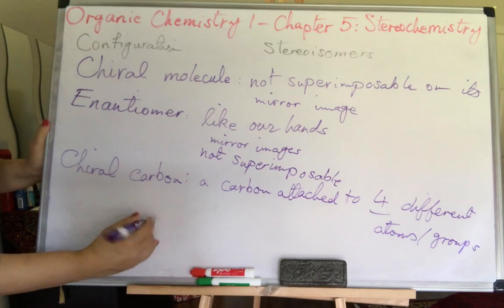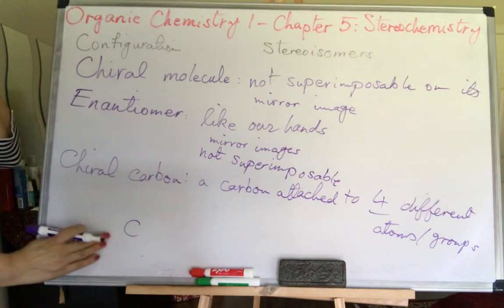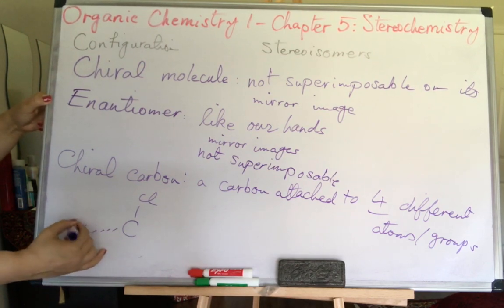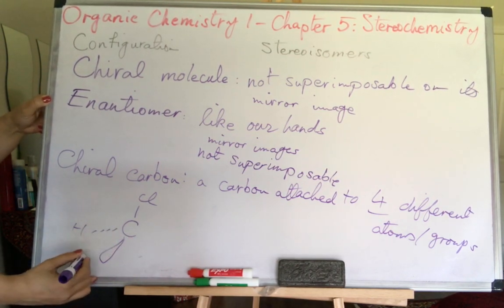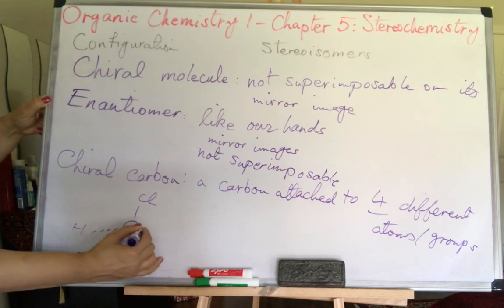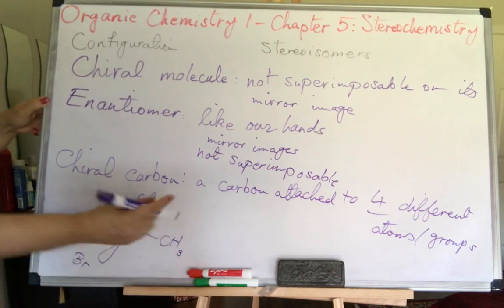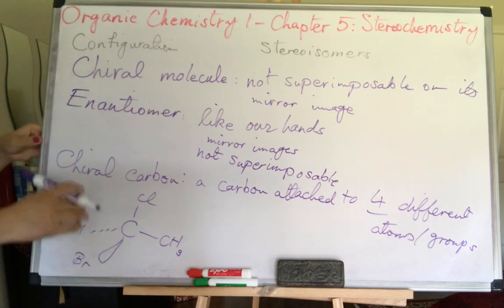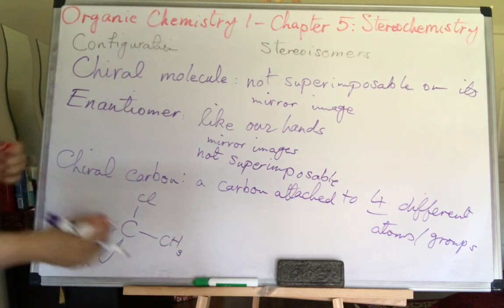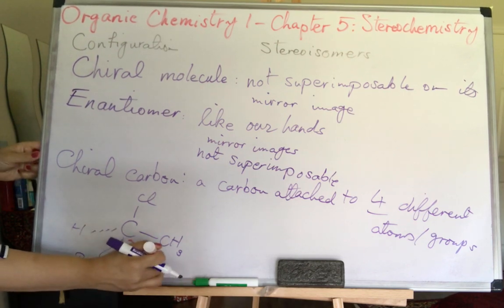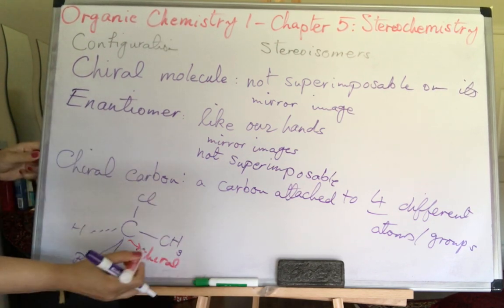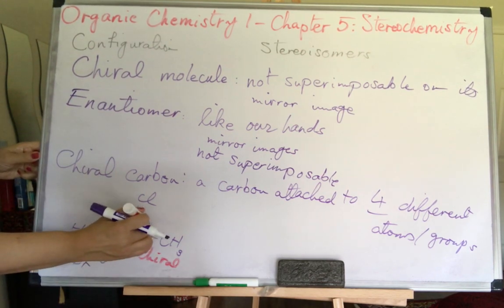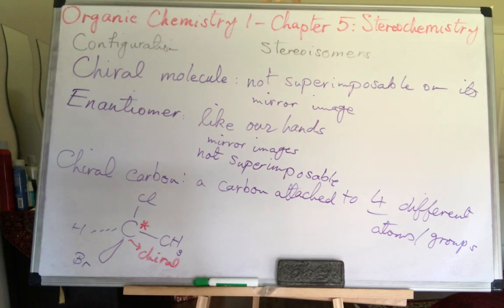Like, let's say you have carbon connected to chlorine, to hydrogen, to bromine, and to CH3. You see, 4 different groups and atoms are connected to the central carbon. So this carbon is called chiral. And we normally show the chiral carbons with the star on them, the little asterisk.